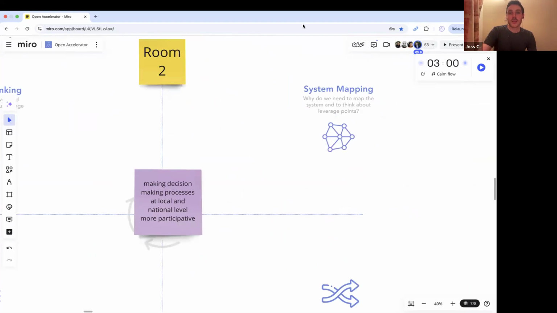Room two, maybe I'll start to create these breakout rooms so that you can choose them as we go along. So we're going to have 12. You're going to be able to choose your breakout room. So here we go. Open all rooms. You should see 12 rooms in front of you.